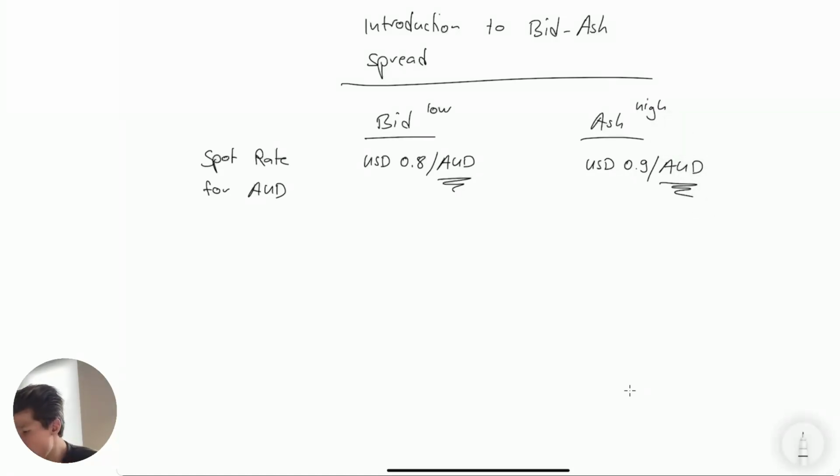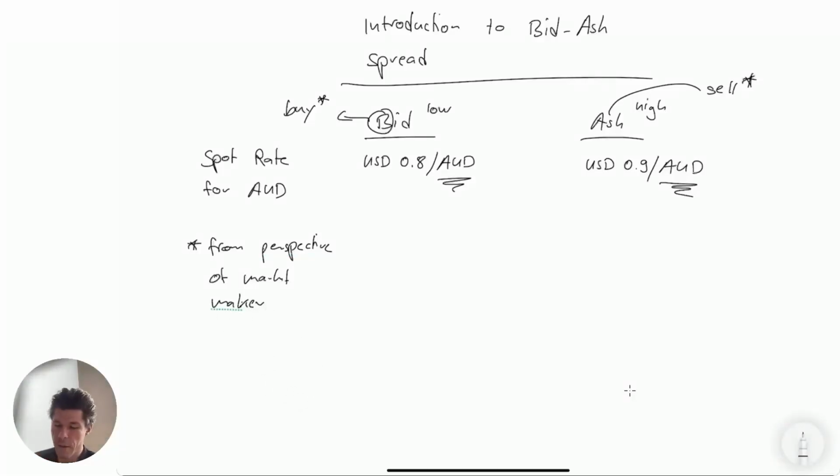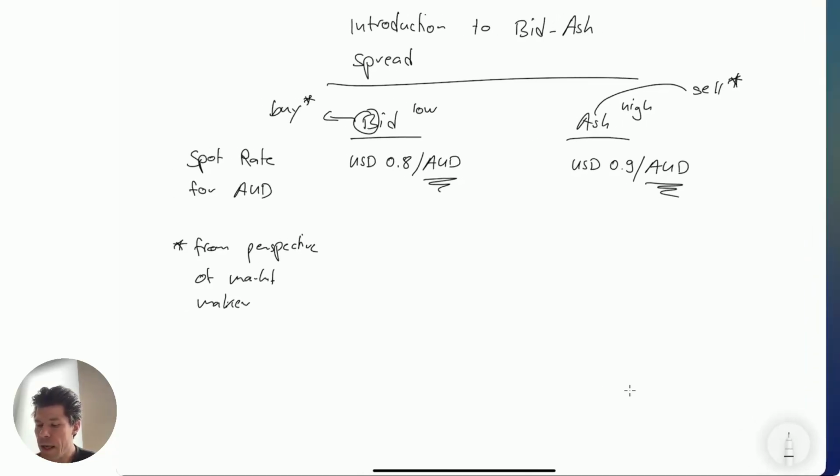How I always remember it: B is for bid, buy, and A is for ask, sell. But again, both are from the perspective of the market maker, those institutions that provide liquidity, not from your perspective as a customer. If you want to buy a currency, you buy at the ask rate and you can sell the currency at the bid rate.